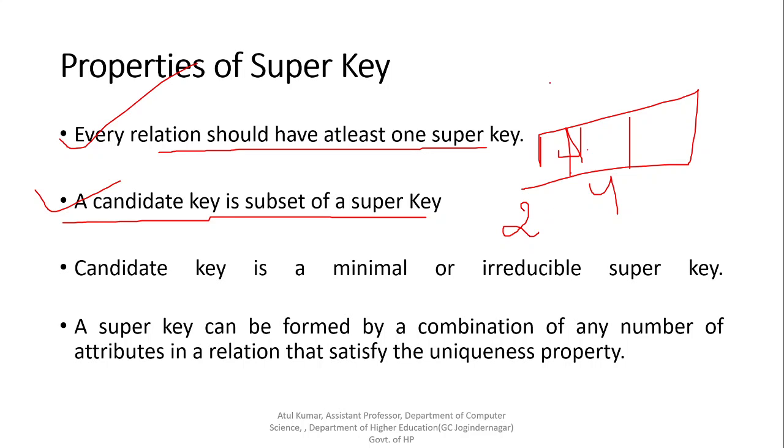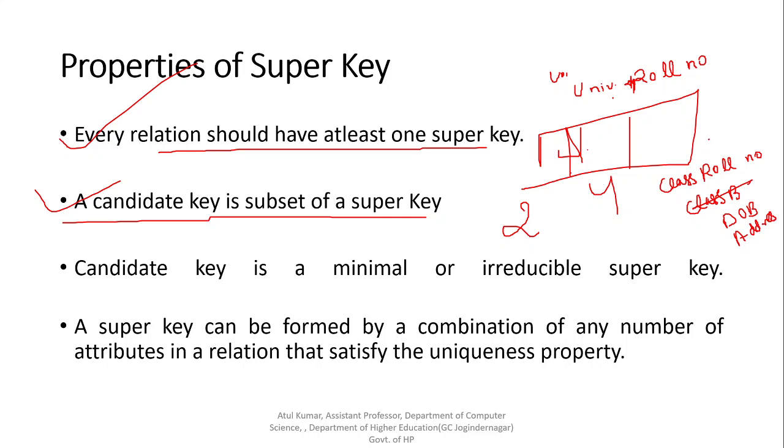Suppose we have the attributes of super key like: first attribute is university roll number, the second attribute is class roll number, the third is student date of birth, and the fourth is address.